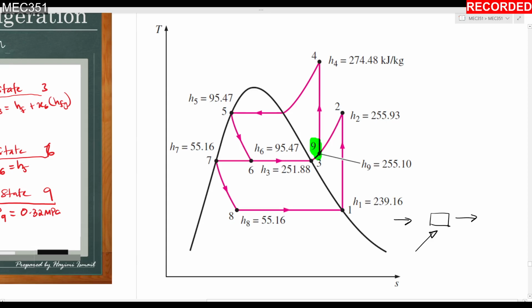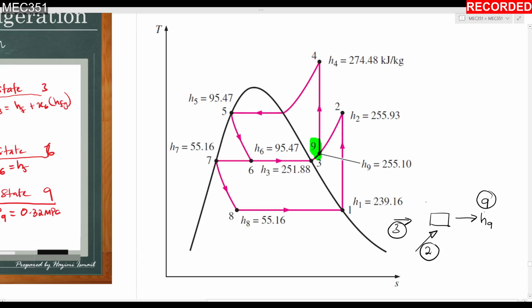Okay, the exit of the mixing chamber here, the state 9. So we want to find the enthalpy value of state 9. Before the mixing chamber, refrigerant comes from the state 2 and also comes from the state 3.